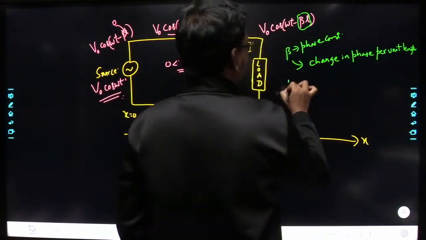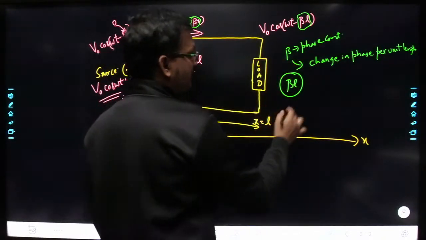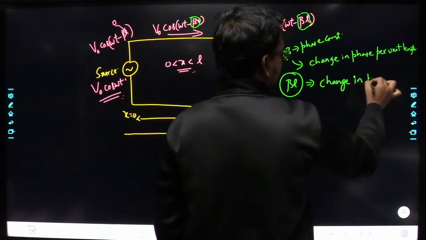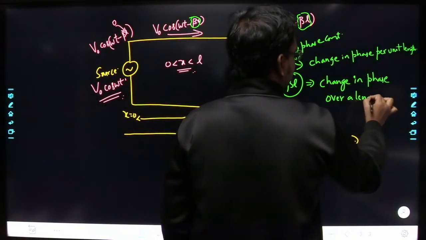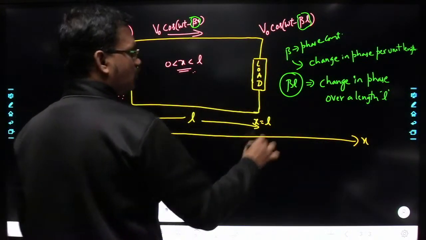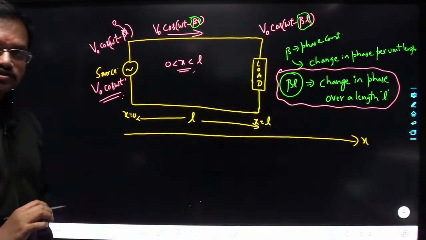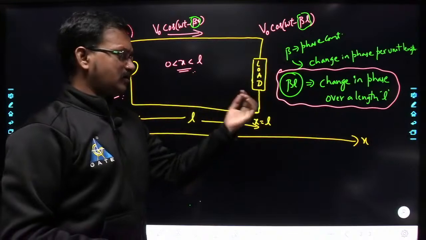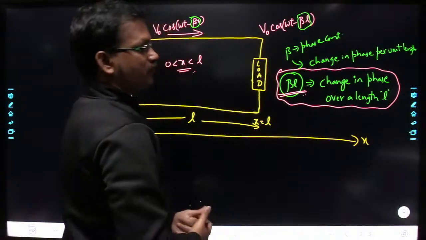That means beta L will represent what here? Beta represents the change in phase per unit length, so beta L represents the change in phase over a length L. Understood?